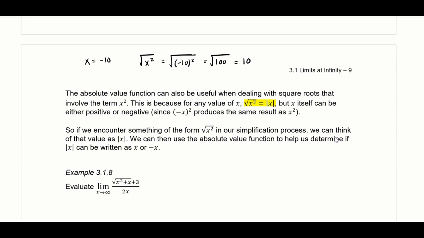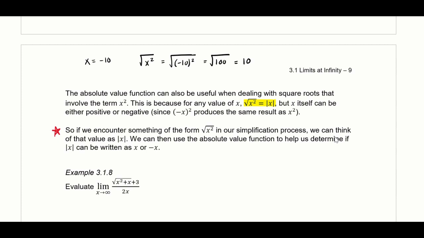Specifically, in situations where we're dealing with limits at infinity, where x could be going to either positive infinity or negative infinity. It's essentially a way for us to make sure that if we were looking at a graph of this expression, we would be looking in the correct direction, because sometimes the limit value will change depending on if we're taking the limit as x goes to positive infinity versus x going to negative infinity. It's kind of a pain because we have to rewrite some stuff and take some stuff out, but this is a useful way to work with that square root of x squared term and make sure you're getting the correct result.